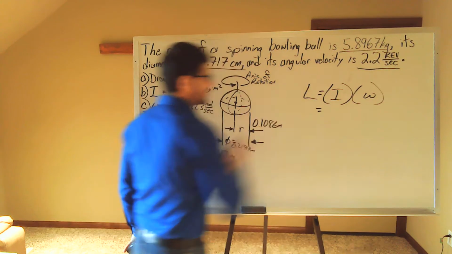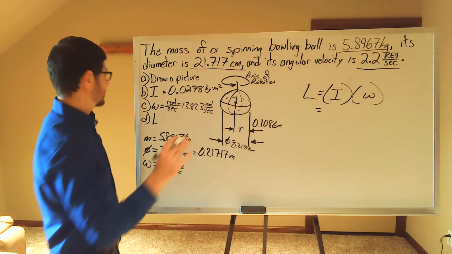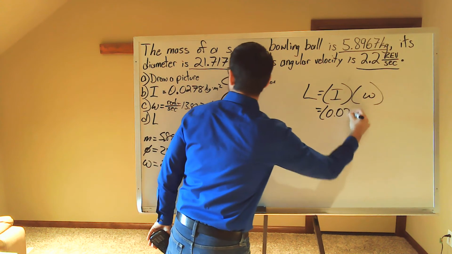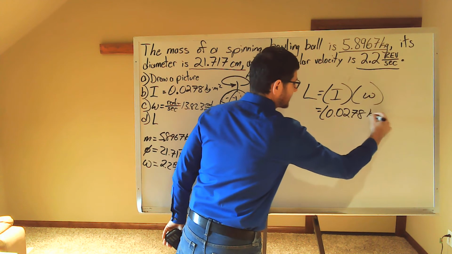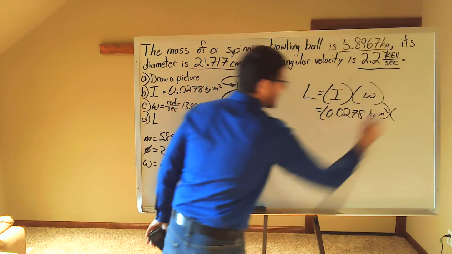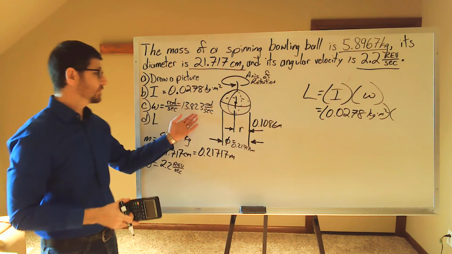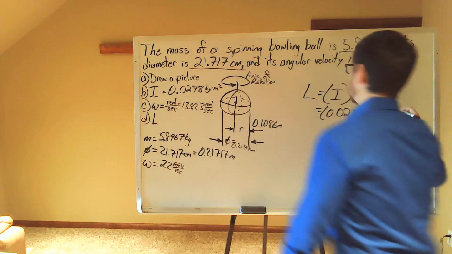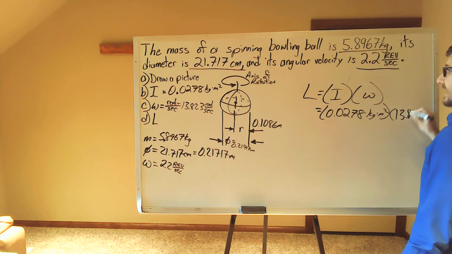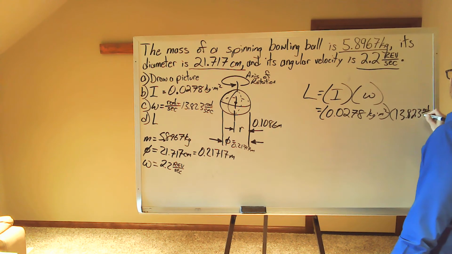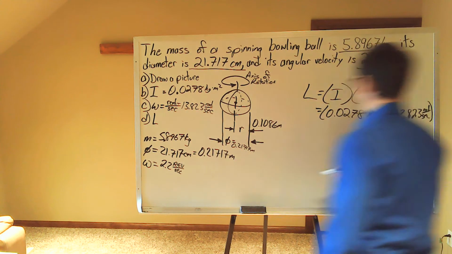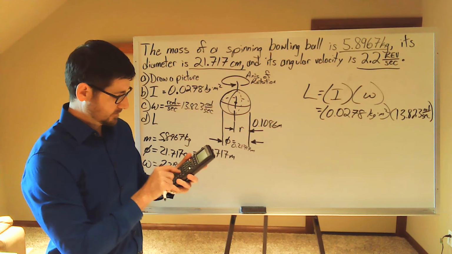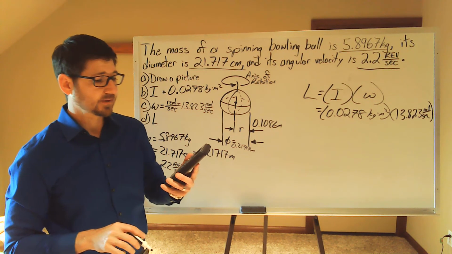So we're going to use our calculated value for moment of inertia from part B, 0.0278 kilogram meters squared. And for angular velocity, we just performed dimensional analysis, so we're going to use that calculated value, 13.823 radians per second. We're going to multiply these values together, so I get 0.3843.